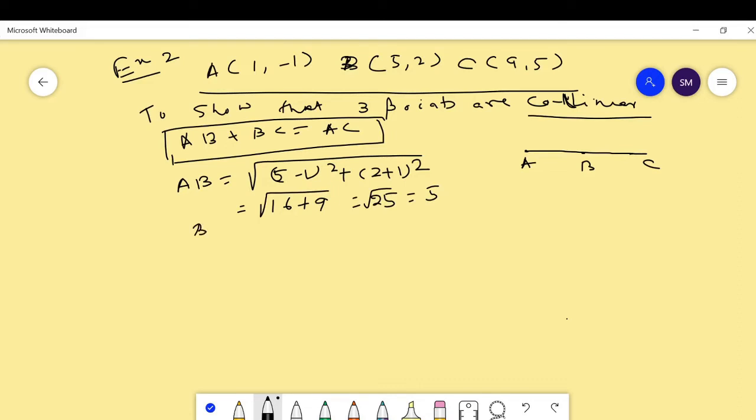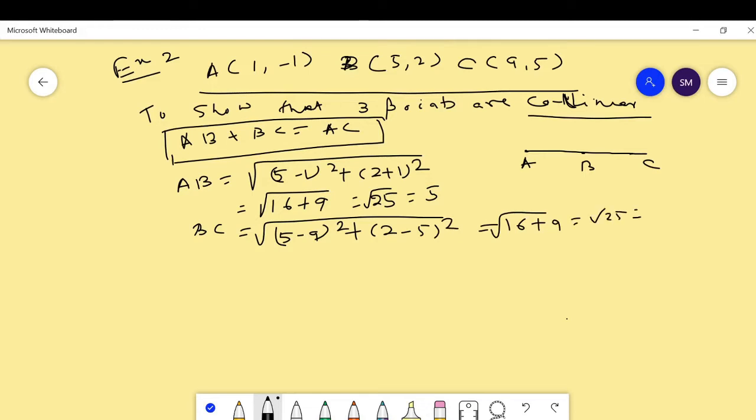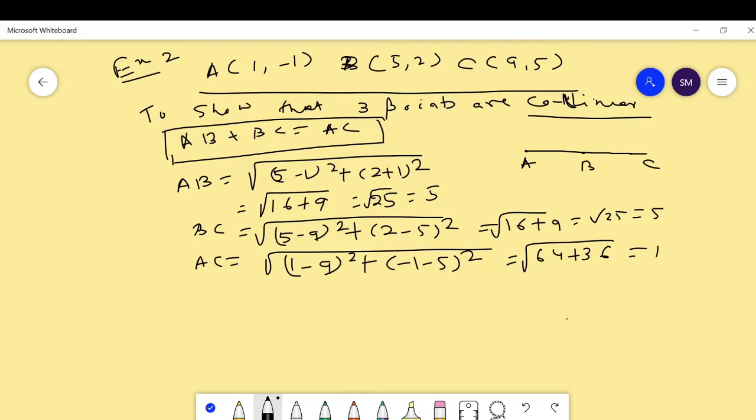In the same way, BC is equal to the square root of (5 minus 9) whole square plus (2 minus 5) whole square, which is the square root of 16 plus 9, the square root of 25, which is equal to 5. Then AC is equal to the square root of (1 minus 9) whole square plus (minus 1 minus 5) whole square, which is equal to the square root of 64 plus 36, meaning the square root of 100, which is equal to 10.